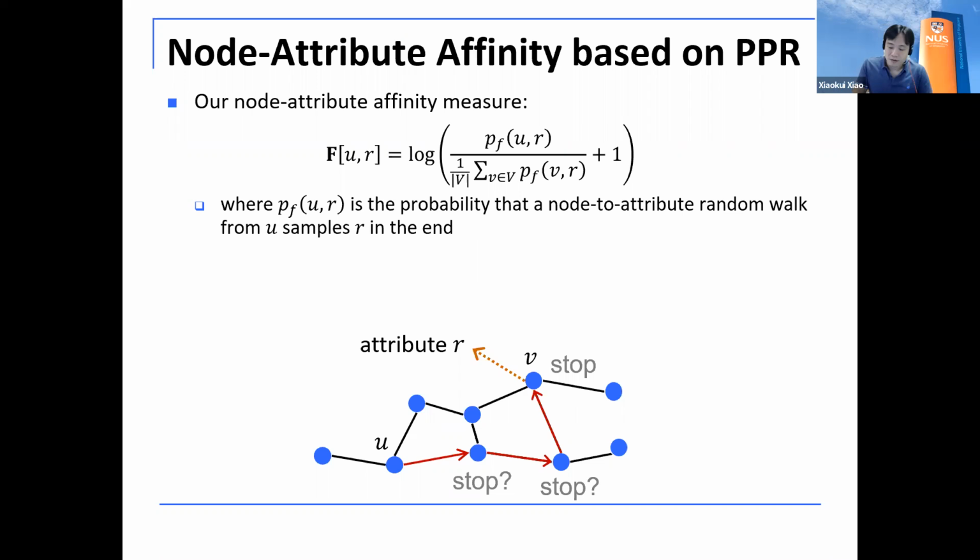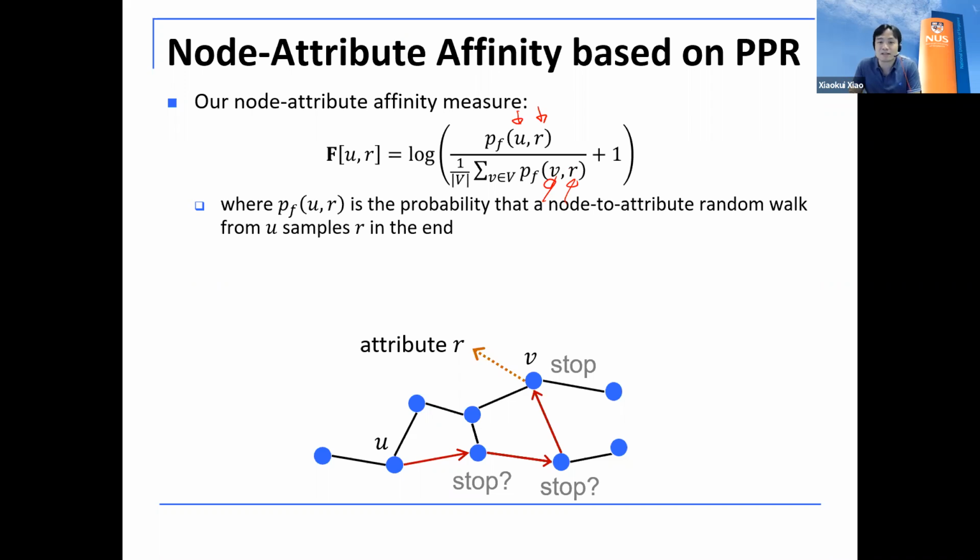Similarly, if we consider the probability of starting from a node U and ending at an attribute R, then even if this probability is large, it may not indicate a high affinity between the node and the attribute. Because if we start from some other nodes, V, and we still have a high probability to end up with this attribute R, then it indicates that this attribute R just has a strong association with every node.